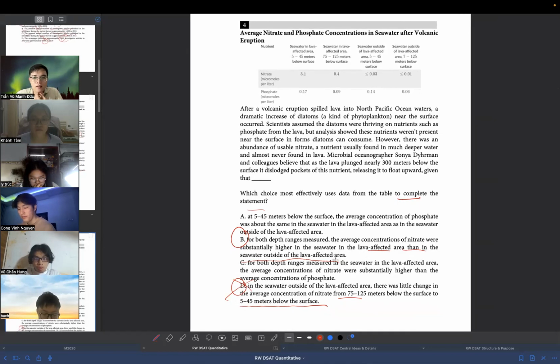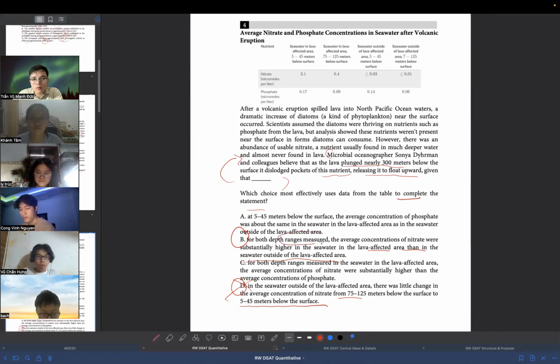Now let's see. The statement is this one. Believe that the lava plunged nearly 300 meters below the surface. It dislodged pockets of nutrients, releasing them to float upward, given that. So this is trying to support this information, giving more nutrients.